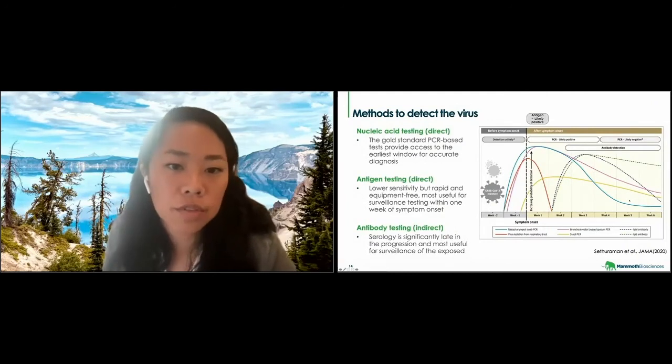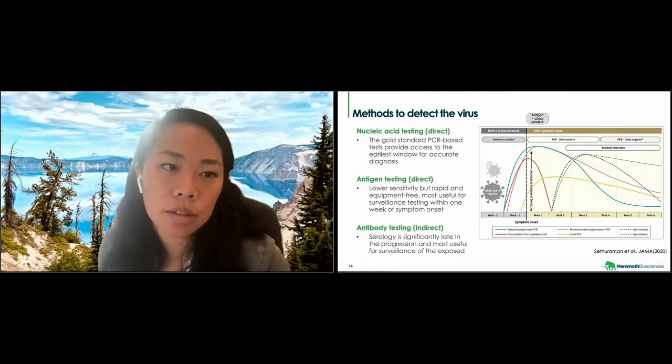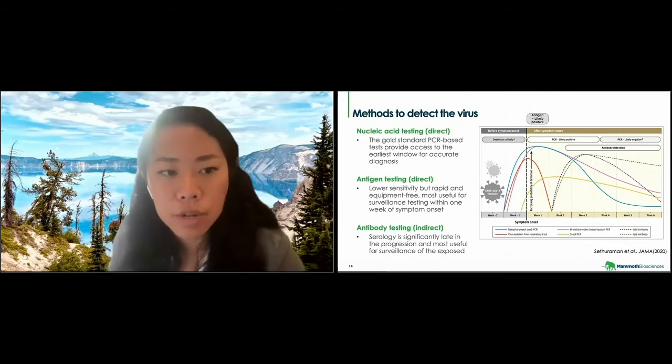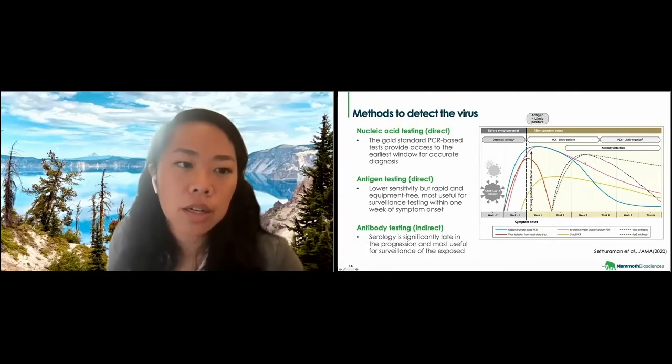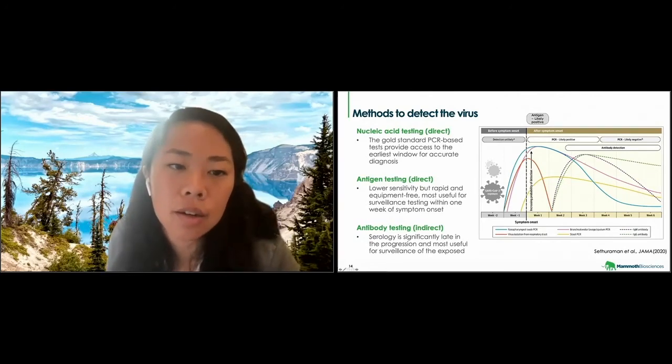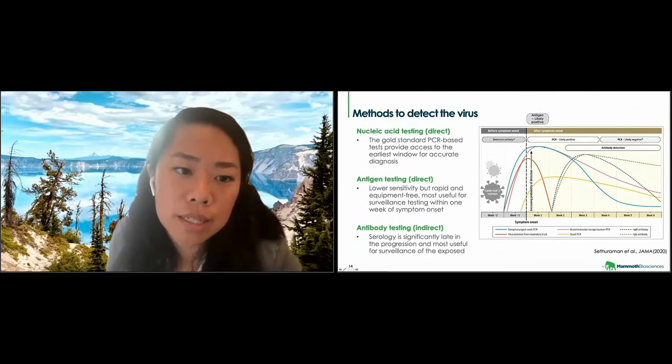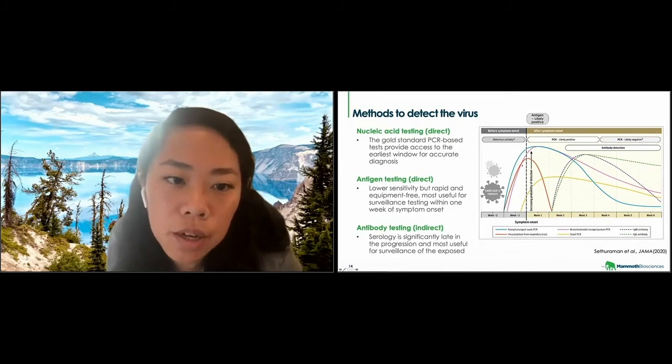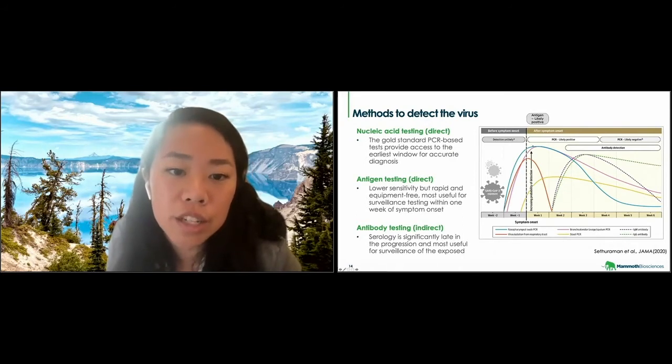There are several technologies currently being used to detect the virus, and they can be summarized in these 3 different categories. The first is nucleic acid testing, a method to directly detect the RNA of the virus. What you can see in the figure on the right are the relative detection loads and probability of detection using each of these methods.